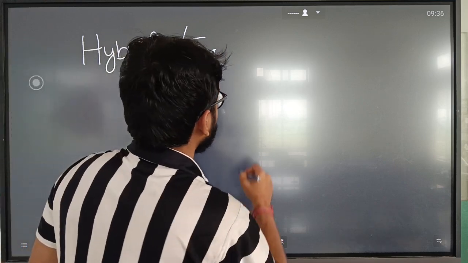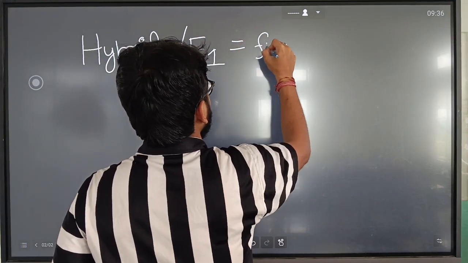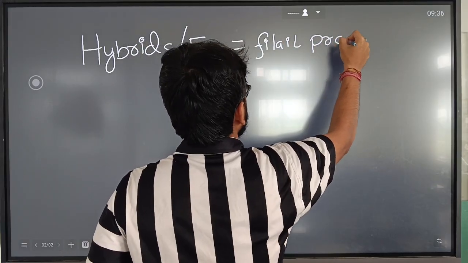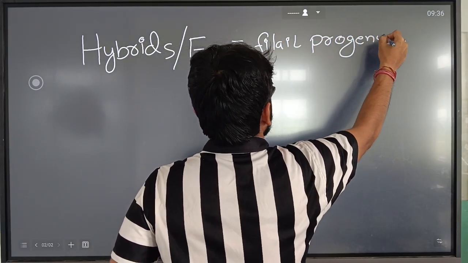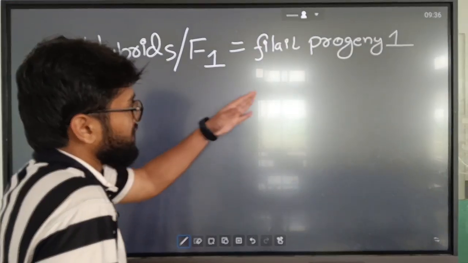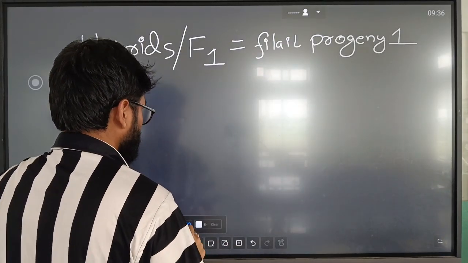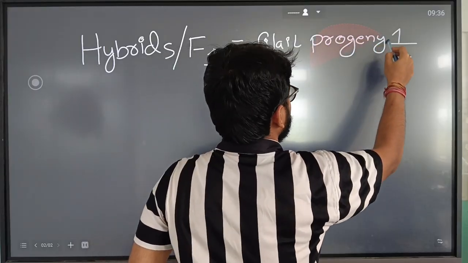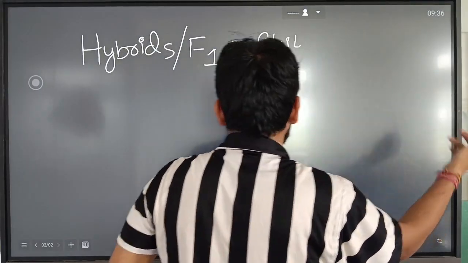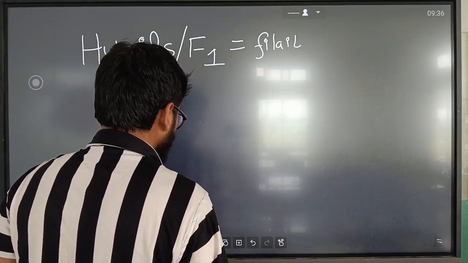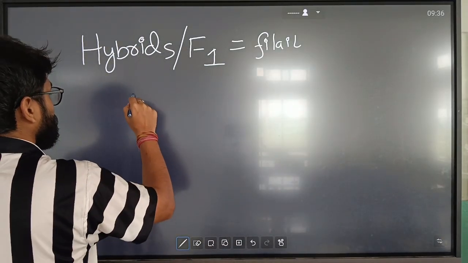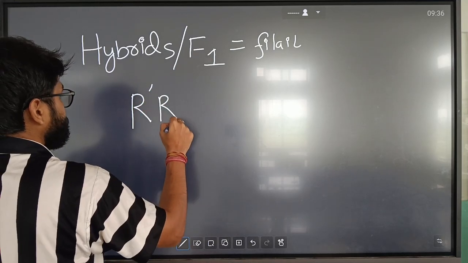Now what are these F1s? These are nothing but filial progeny 1, or filial 1. Even if we don't say progeny, it will still be the same. Filial itself means progeny. What they create is something like this.